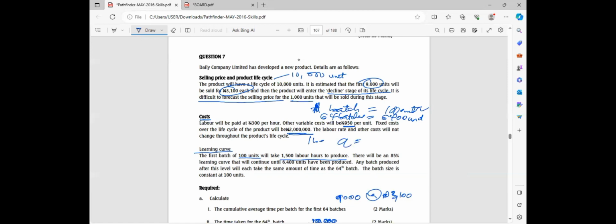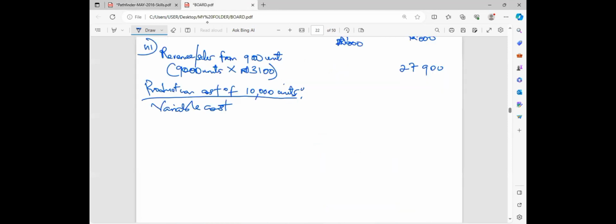Hello, can you all hear me? What are the costs that make up the variable cost? We have labor of 300 naira per hour. That's variable cost. Then other variable cost of 950 per unit. What else? Okay, variable cost, labor.